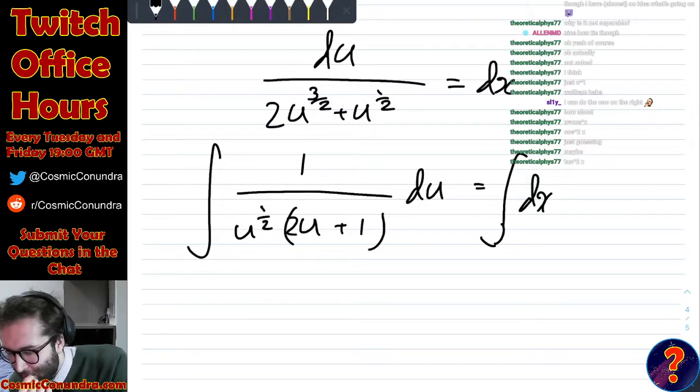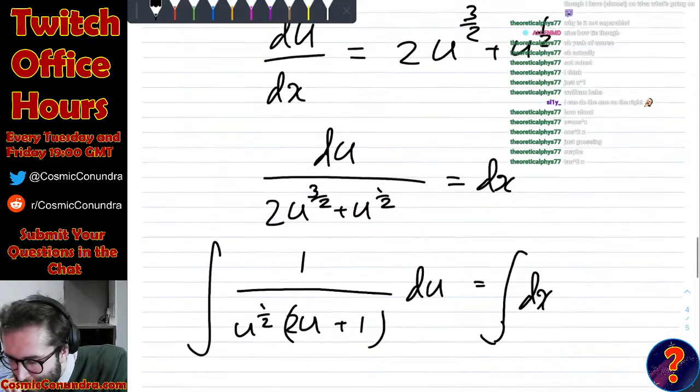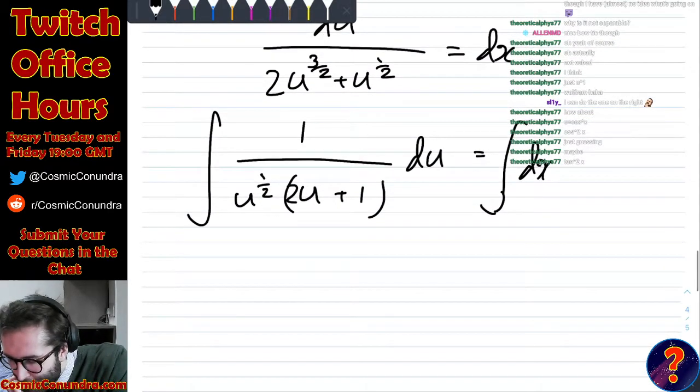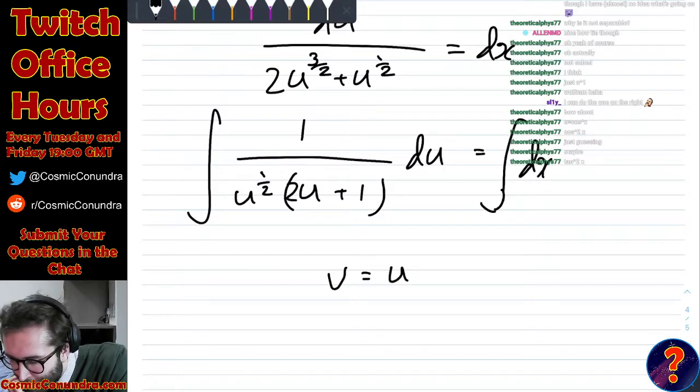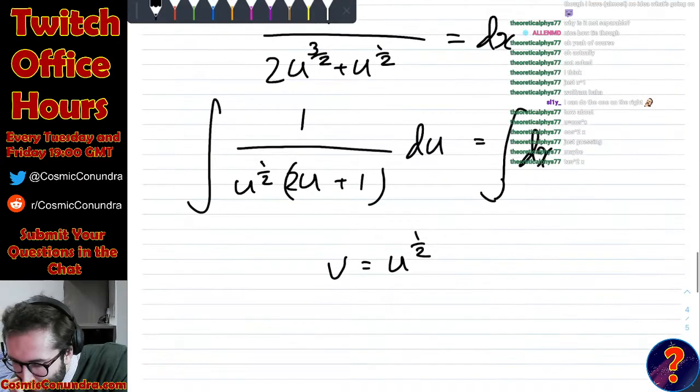I mean, what about something even as simple as v equals u to the half? Well, no, actually, because when you differentiate that, you'll still just get a square root term, but then it'll be on the top, won't it?